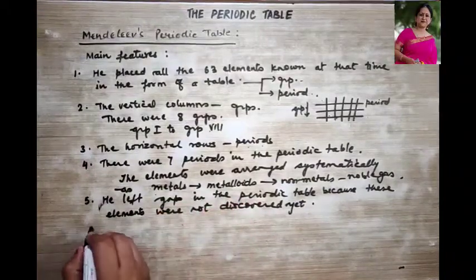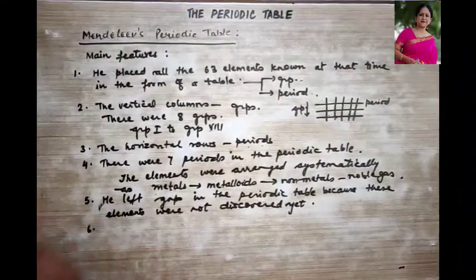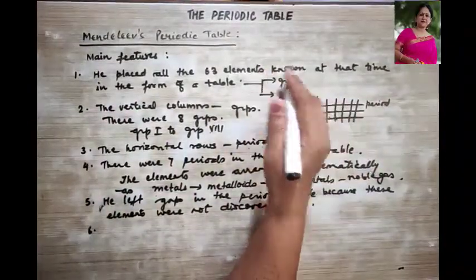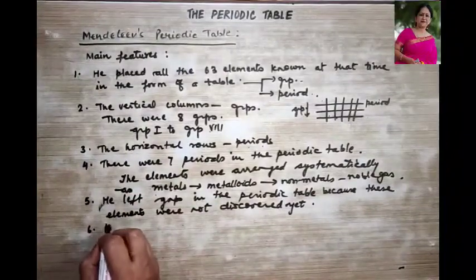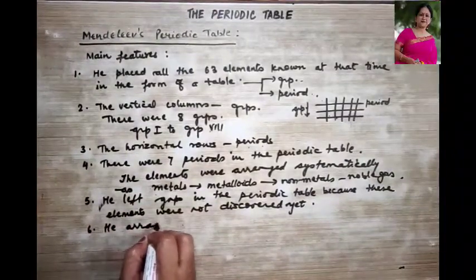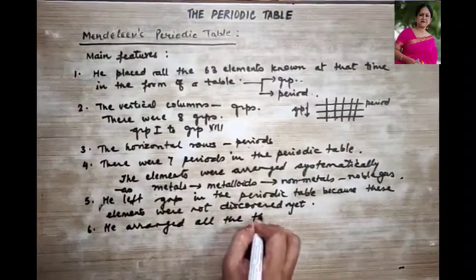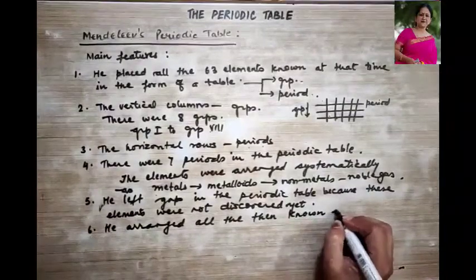The most important point still left is that he had arranged the elements in the periodic table according to increasing atomic weight.